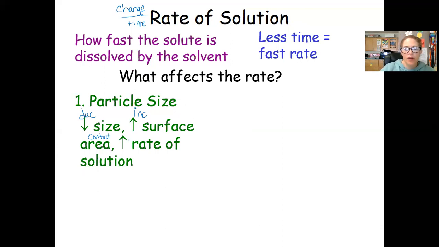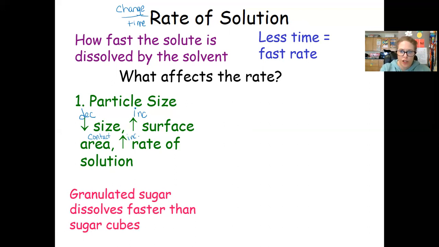So then that increases my rate of solution. An example of that is if I crush up a chunk of salt and grind it up into a very, very fine powder, all of those particles have more surface area contact with the water trying to dissolve it, so it will dissolve faster.